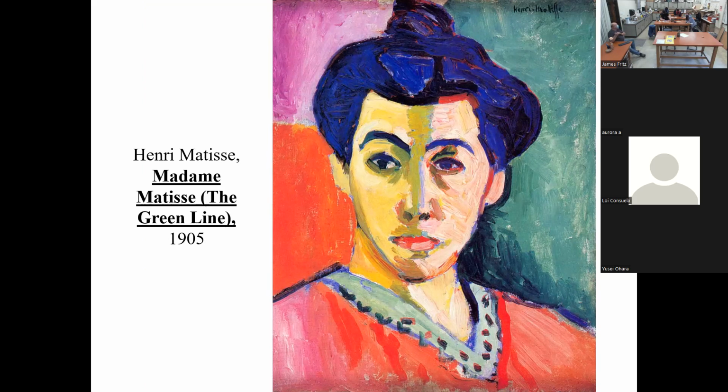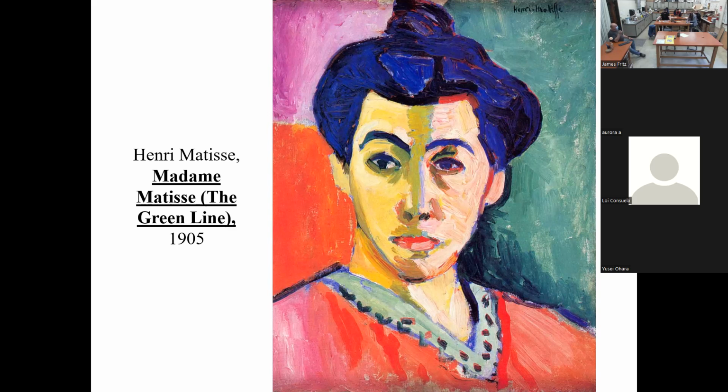And Matisse was interested in using color abstractly in painting. So what does that mean? Well, Matisse and some others were really interested in playing with color and creating this idea of subjective color. And in 1905, they got together and had an exhibit at a small gallery in Paris.